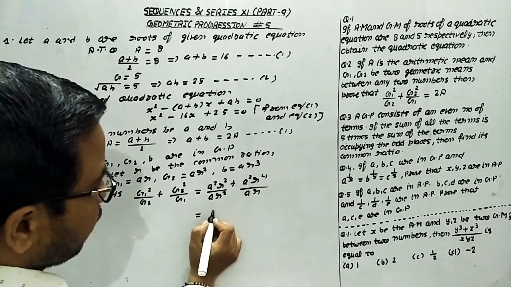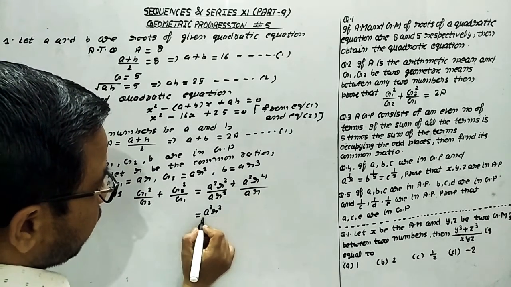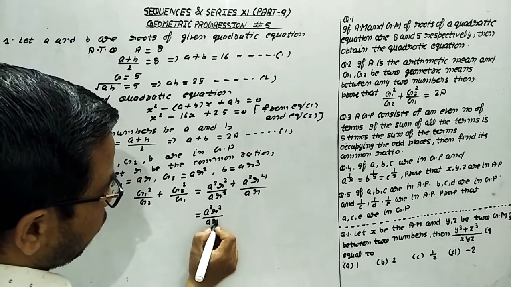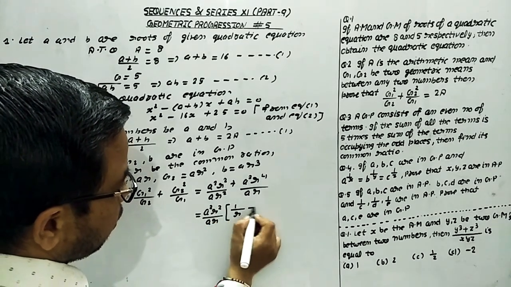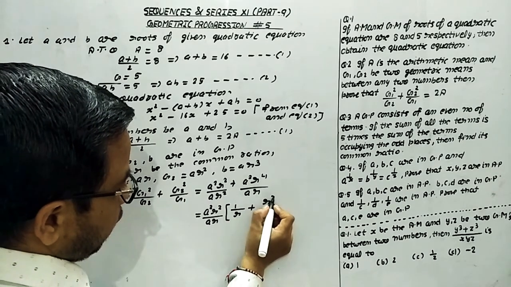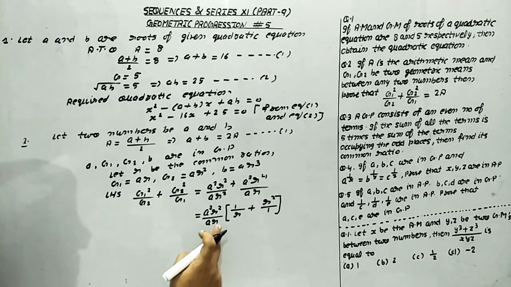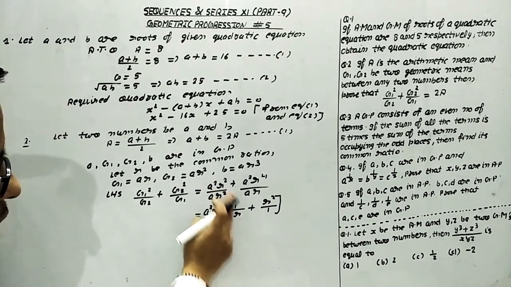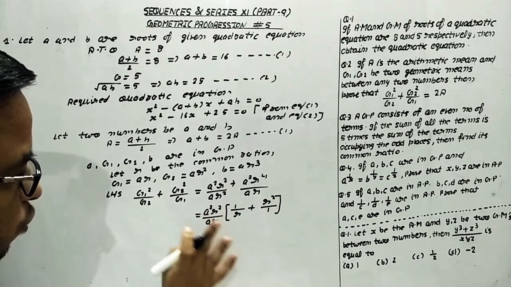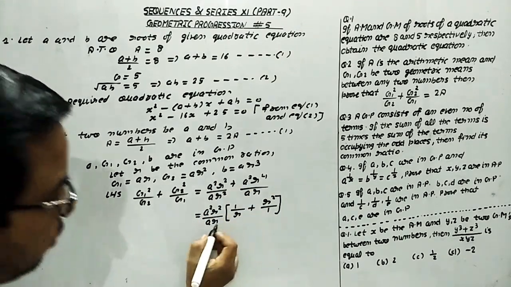First of all, from the numerator we can take common A square R square, and from the denominator we can take AR common. So what does this become? 1 upon R plus R square upon 1. We are taking AR common, what is left is 1 upon R, and this is 1. A square is already common.